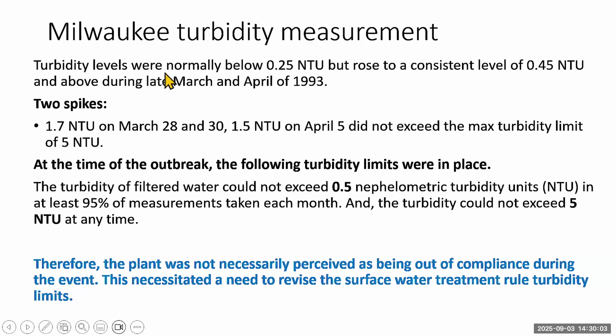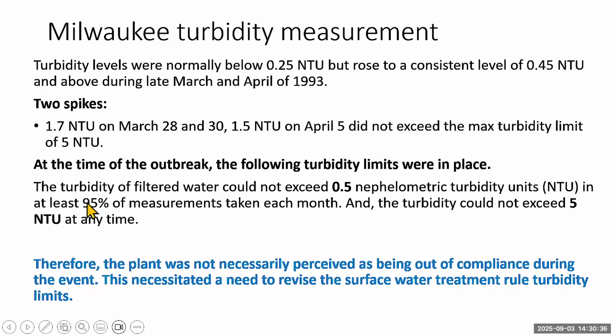So in Milwaukee, the turbidity levels were normally below 0.25 NTU, but they rose to a level of 0.45 during March and April of 1993. And as we indicated, right now, 0.3 would be of concern. They also had two spikes, 1.7 NTU and then 1.5. And even those at the time didn't exceed what was allowed.